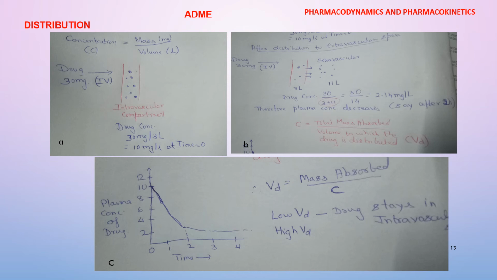The interpretation that can be made from this curve is that a low VD value means the drug stays in the intravascular system, while a high VD value implies that the drug has moved on to the extravascular system.